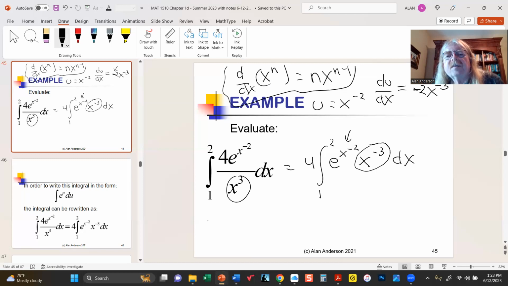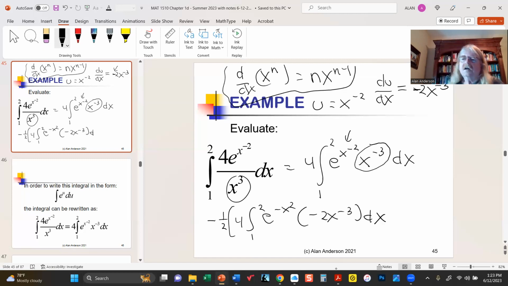I'll multiply the entire expression by negative 1/2, so that I can now multiply this expression by negative 2 without affecting our expression. Okay, so nothing's changed. I've just rewritten it in a slightly more convenient format.